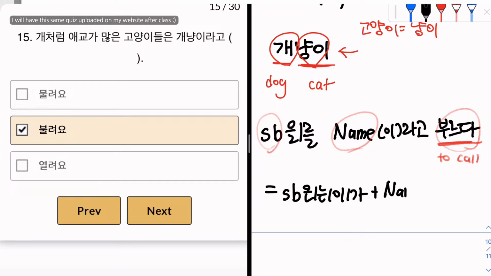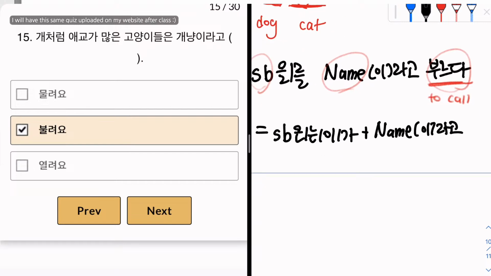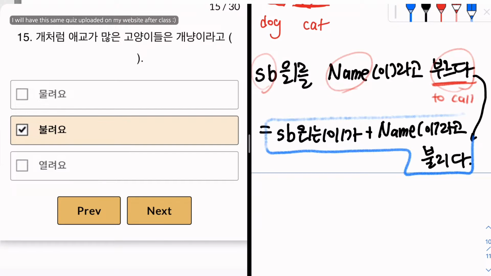And name이라고 stays the same. Since it's a passive form, you can change 부르다 to 불리다, right? 불리다. And this exact pattern is used in number 15 sentence. 고양이들은, this kind of cats, are called by this name, 개냥이. So you can say 불려요 for are called.